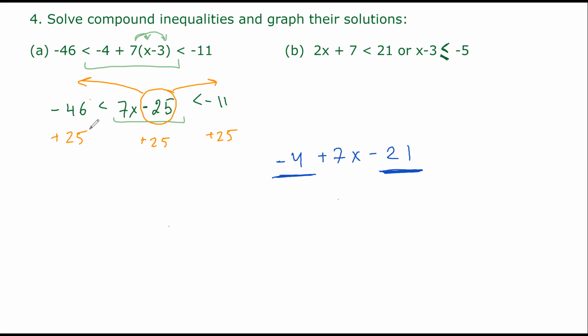Because I have 3 sides, left, center, and right, I have to apply this operation to all the sides. After I do it, I will need to divide all the sides by this 7, all the sides as well. So go ahead and do it. I want you to do these steps and we'll compare our results. I'll put up mine in a minute so that we could see what happened.